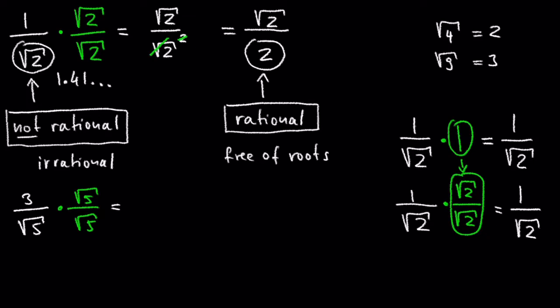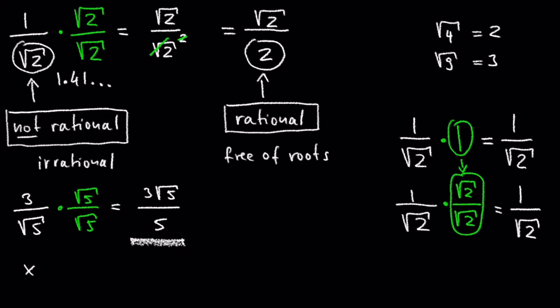In the numerator, we get 3 times the square root of 5, which we leave as is because we can't simplify it. The square root of 5 times the square root of 5 is 5, which is a rational number, which is what we wanted.